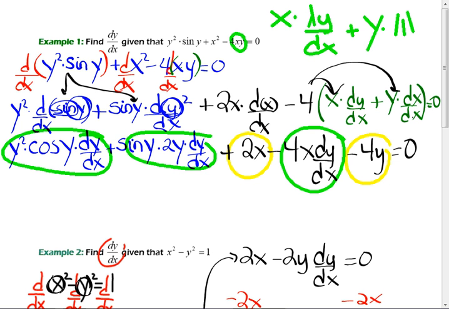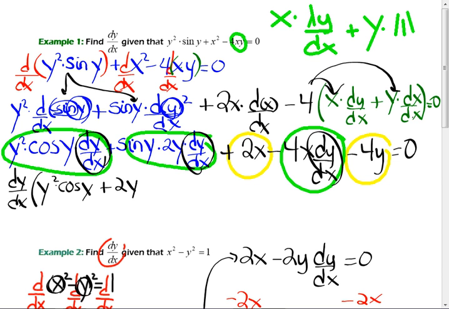Do we have time to do that? Oh, we got 2 minutes. Oh, you're not going to want to come back to this tomorrow. Can we do this all at once? dy dx. Factor this out of this one, and this one. And I'm going to be left with y squared cosine y plus 2y sine y.